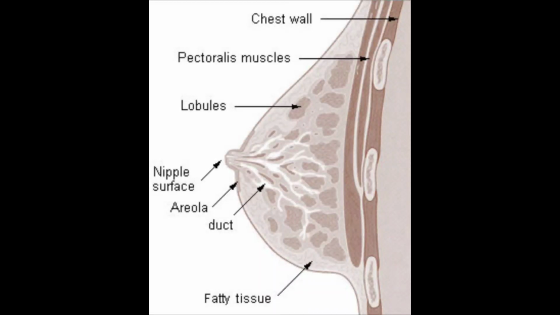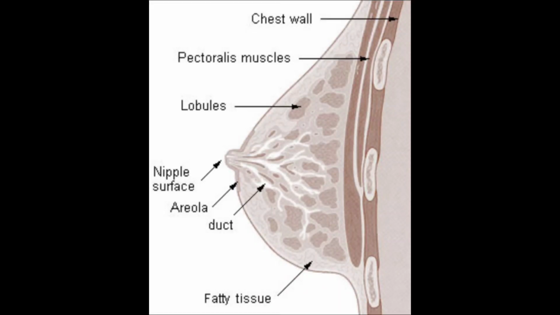Let's start from the nipple area, a projection on the top and middle of the breast, which is called the nipple. This nipple receives multiple ducts and ductules from the breast lobules towards the opening on the breast surface. So that is the nipple area.